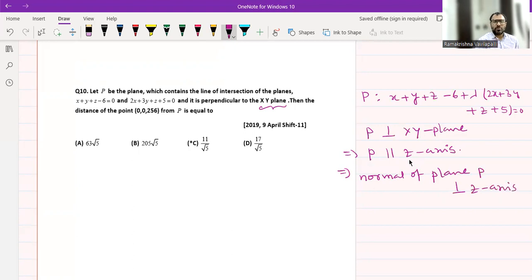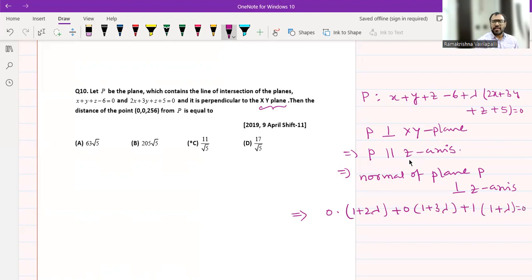So now only the simplification part is left. The DRs of the z axis are 0, 0, 1. So 0 into (1 + 2λ), the plane normal DRs, plus 0 into (1 + 3λ), plus 1 into (1 + λ) equal to 0.